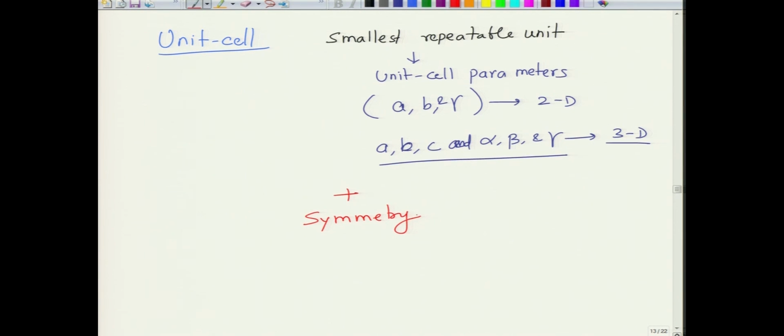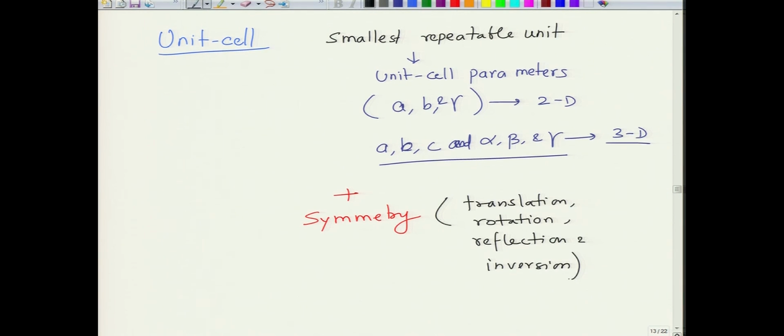There are certain symmetry operations which have to be performed: translation, rotation, reflection and inversion. If we perform these symmetry operations, then what we generate is what we call crystal systems.